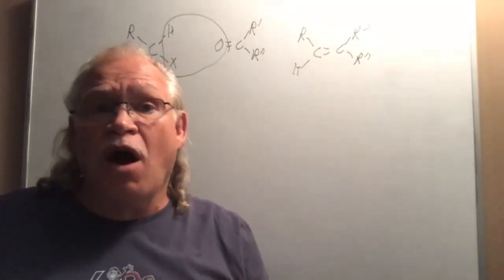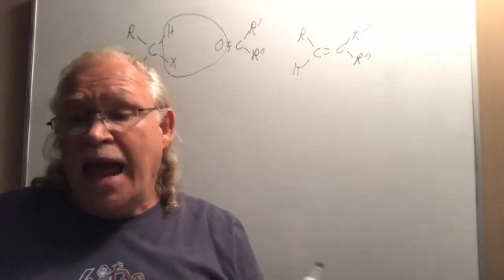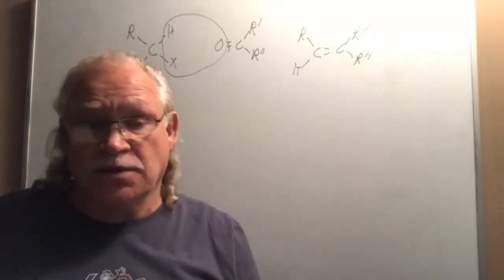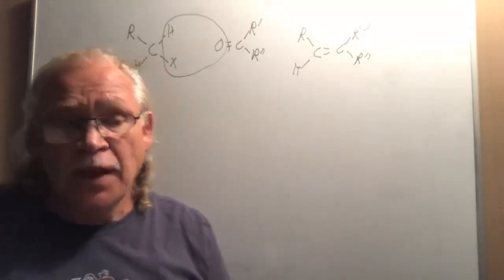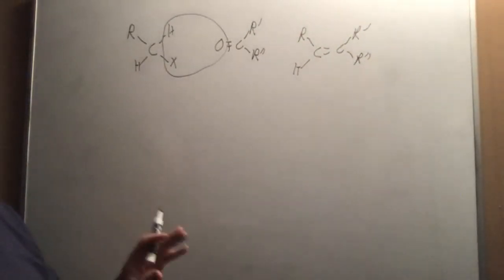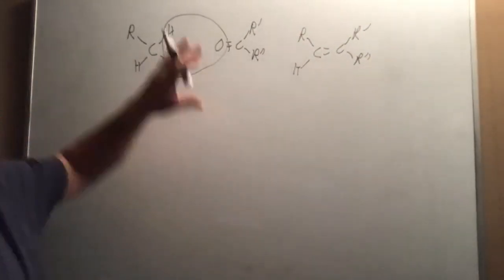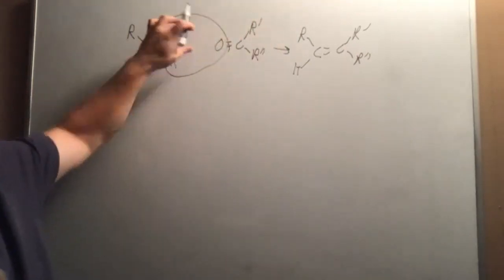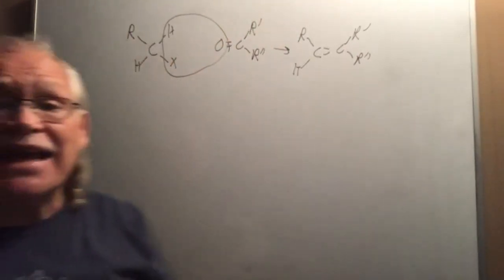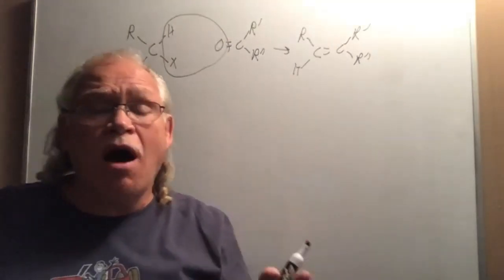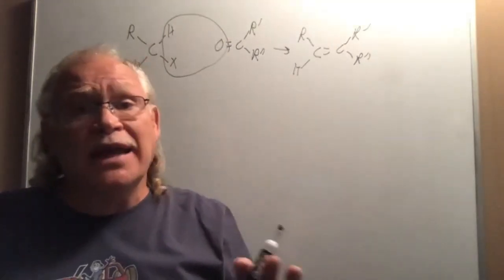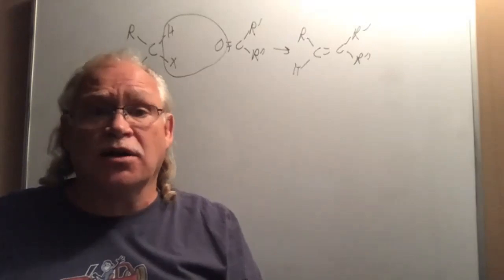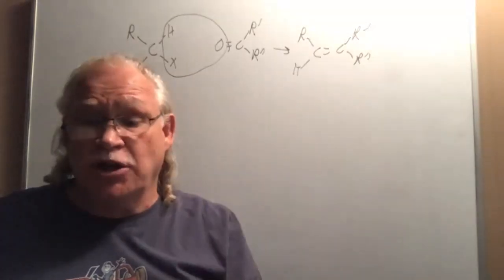That's the overall result. Now let's look at what happens. Then I'm going to give you the way you need to write this on your note card. I would write it on my note card this way, because if I give you the two compounds, you can easily predict what the product of the reaction is.